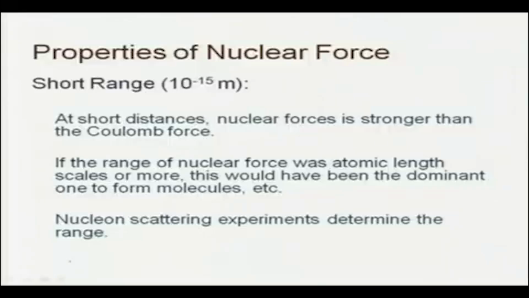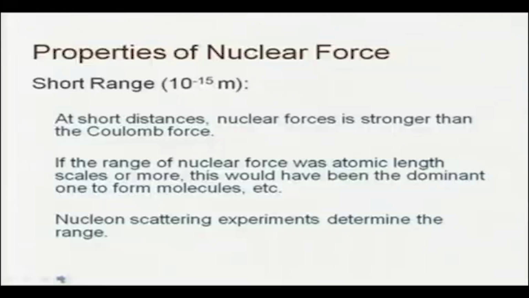Okay, and how do we know that it is not going beyond these nuclear length scales? Otherwise, its influence will be visible. Say for example, in molecular formations, when atoms come together, if strong nuclear force is stronger than the electromagnetic force, and if that can influence at long ranges, then molecular formation would have been dominated by the strong nuclear force, not by the Coulombic force.